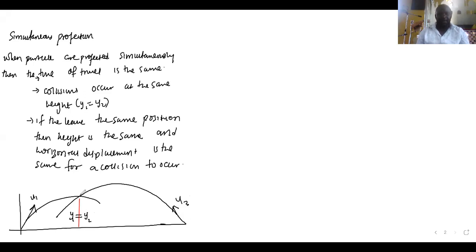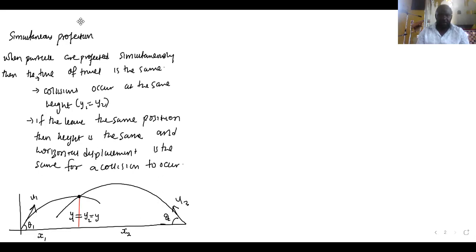So they are at the same height. Whereas this one could have moved the distance x1, this projection was maybe θ1, this one's projection was maybe θ2. Then this one could have moved the displacement maybe x2. But when they are up here on collision, both heights are the same. That is situation 1.